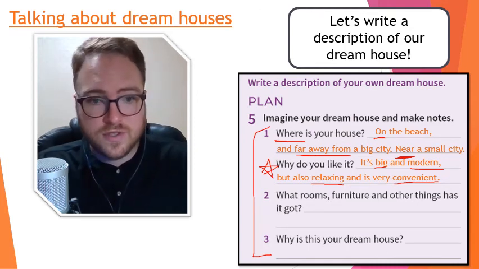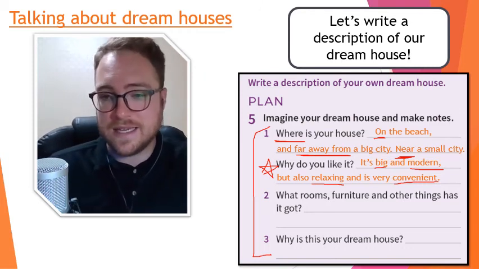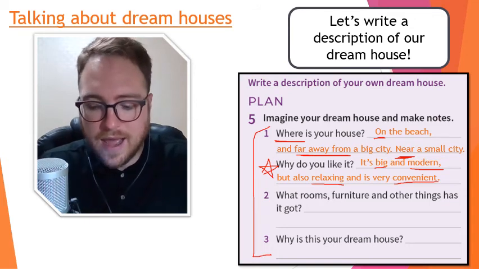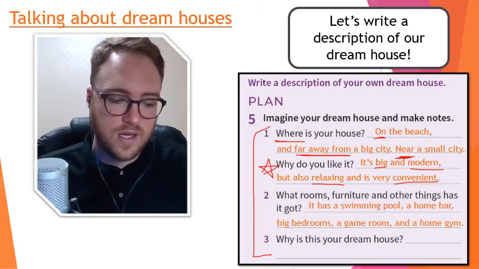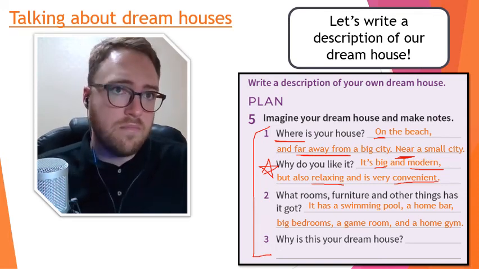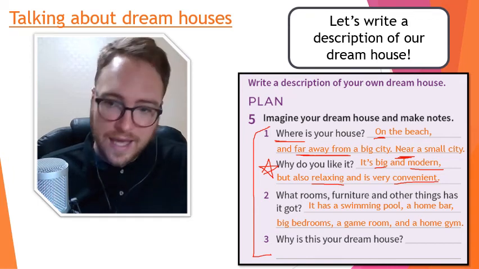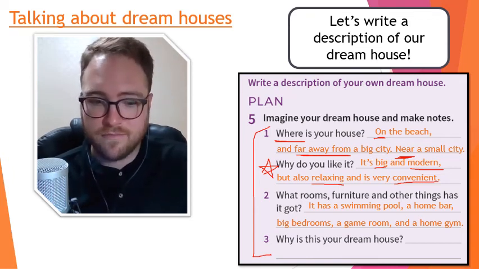What rooms, furniture, and other things has it got? Okay, what does it have? Okay, I wrote, it has a swimming pool, a home bar, big bedrooms, a game room, and a home gym.